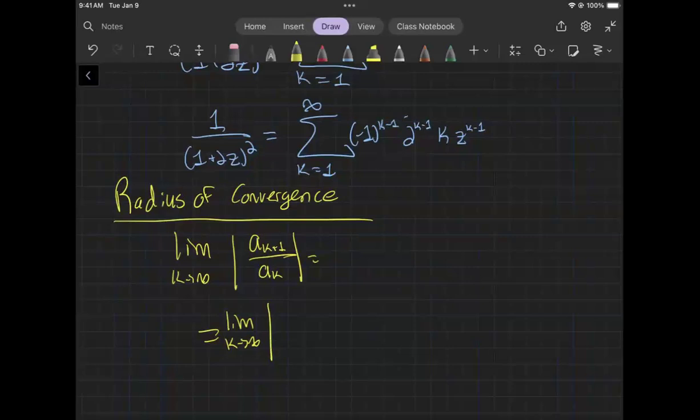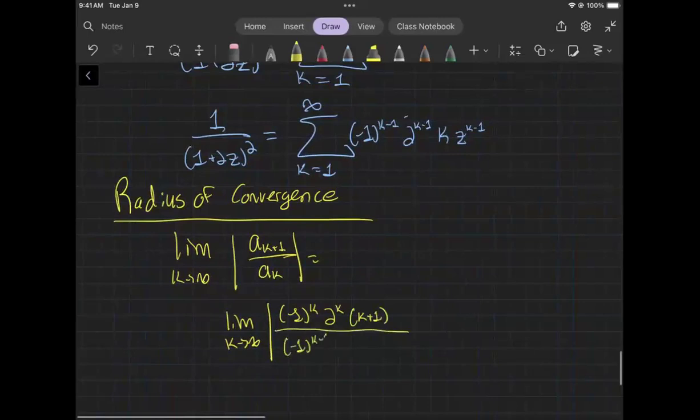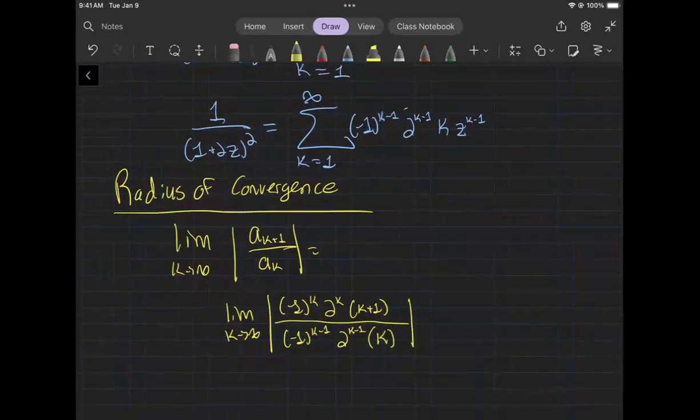So we'll have a 1/2, and then we'll have a z to the k and a z to the k minus 1, right?